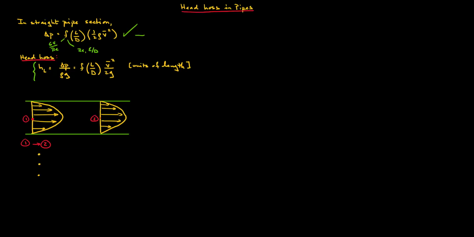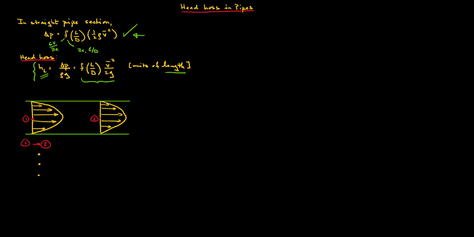So using the expression derived in the previous video, the head loss for a straight pipe section is given by this expression over here. And as you'll note, the head loss given by H subscript L has units of length. So what is this head being lost?